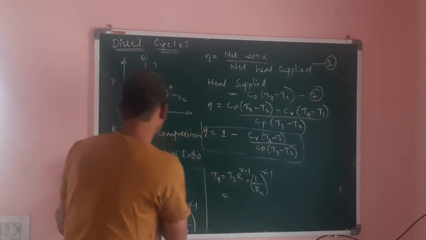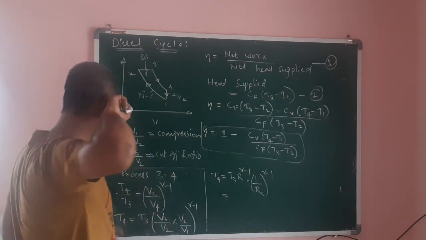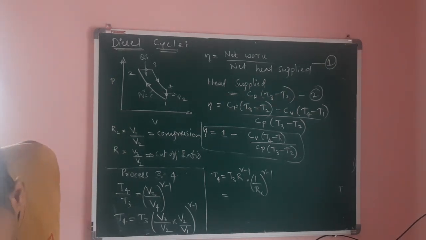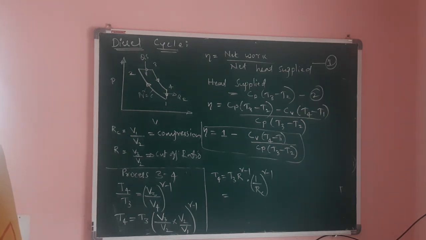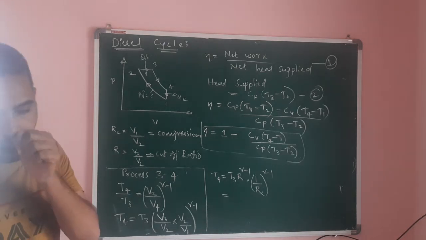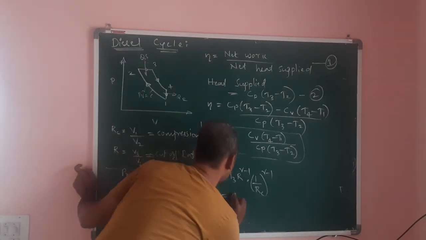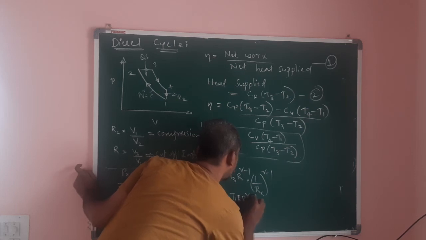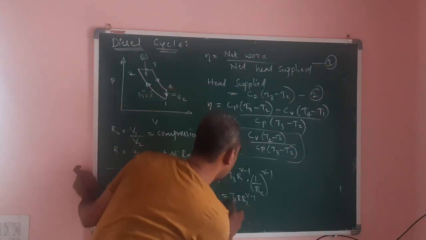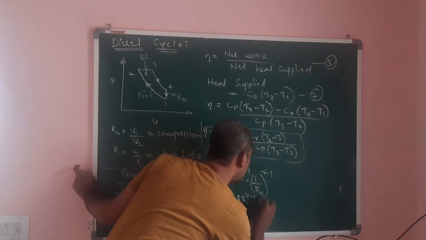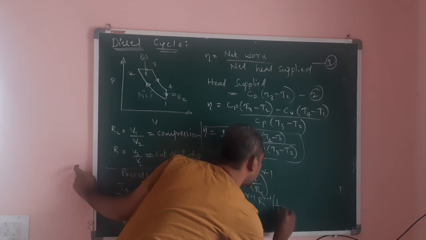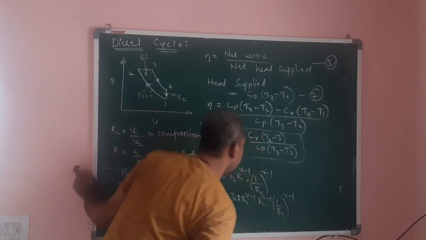This T3 is equal to what? T3 we have just now derived: T3 is equal to T1 r rc raised to gamma minus 1, into r raised to gamma minus 1, into 1 divided by rc raised to gamma minus 1.